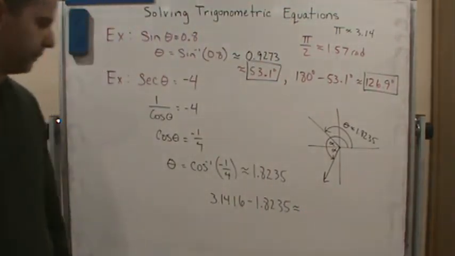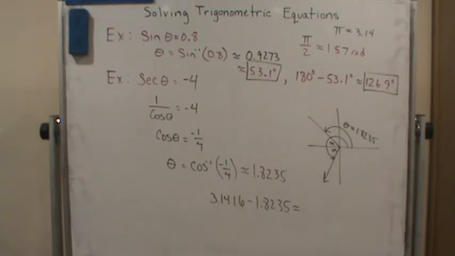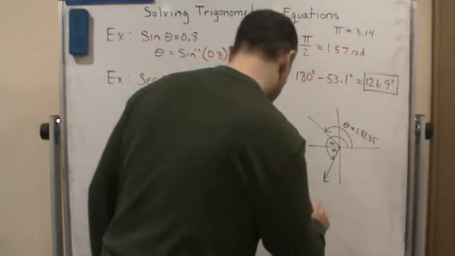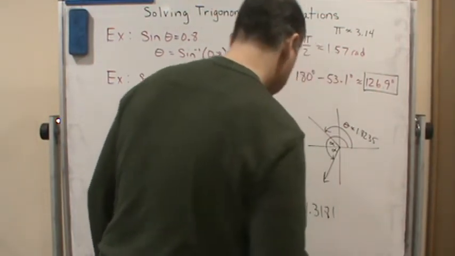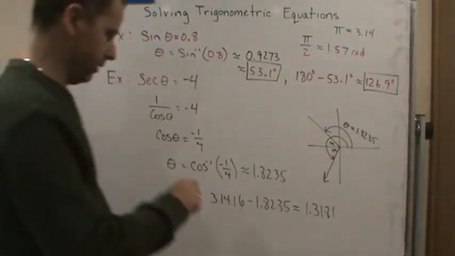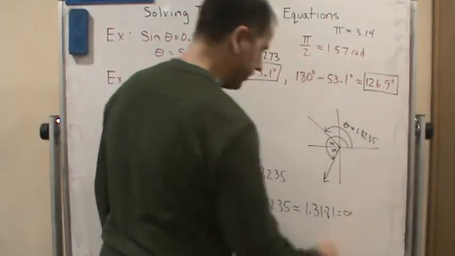And so what I'm going to end up getting is 1.3181. All right, so that's alpha. All right, so I just found alpha.